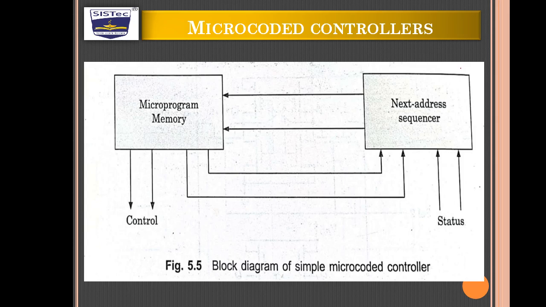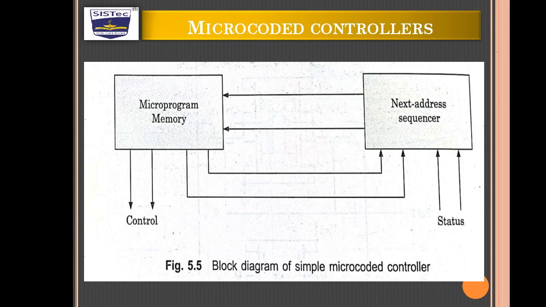So the execution hardware is basically fixed, as we know, and the functions performed are a result of instructions placed in a micro instruction memory. This memory is frequently a read-only memory, and since it stores micro instructions, we call it a micro ROM.